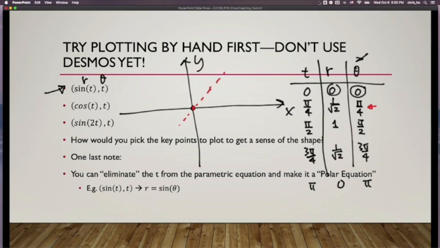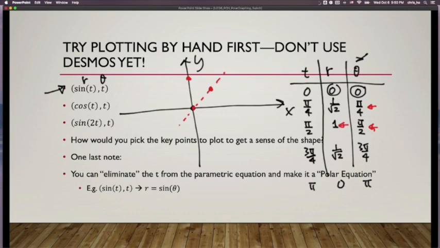So the length of the vector is going to be here. So remember, we start out at 0, 0. Okay, and then as theta increases to pi over 2, next point, then my vector length becomes 1. So it's going to be 1 unit. So it's going to be longer than the previous point for sure.